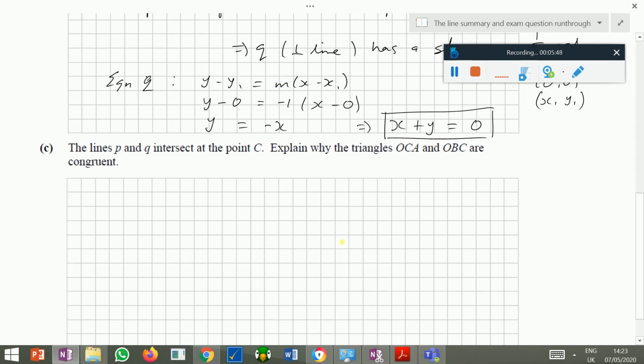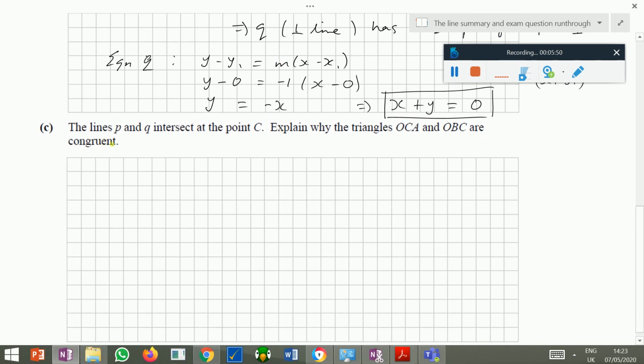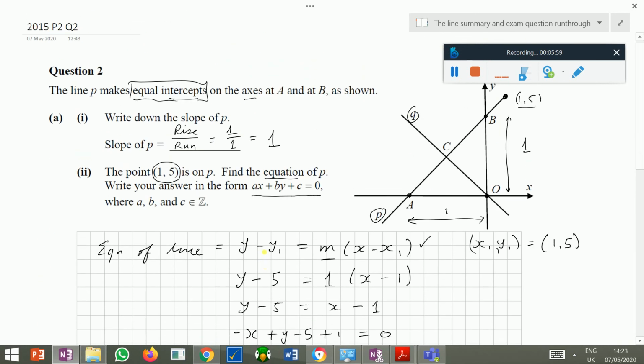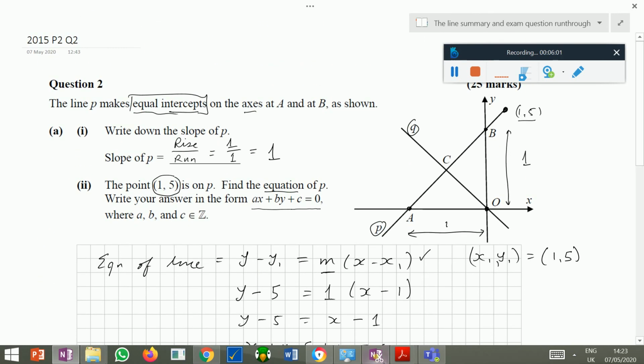Okay, part C. The lines P and Q intersect at the point C. Explain why the triangles OCA and OCB are congruent. So what I'll do here is I'll just take this down.